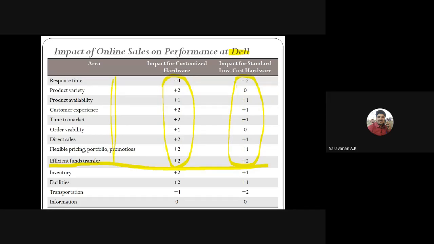How its response time will be, and how the product variety availability is from the customer's point of view, in the customer service factor. Then the supply chain costs also, right? Where the supply chain cost will be more, and what type of product will have more supply chain cost, and what type will get a lower cost? That will be analyzed by these scorecards, right?